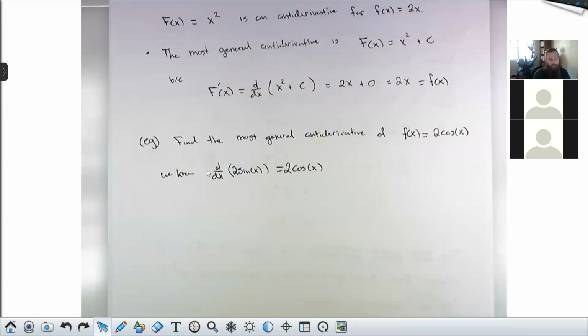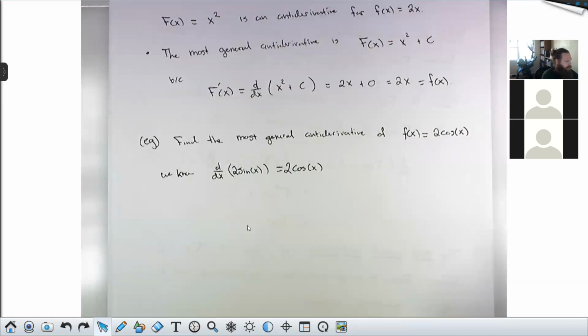It pops out past the derivative. Is that ringing a bell? Yeah, exactly. And then you could also, of course, check if we thought maybe sine squared x was the guy, you could certainly check by differentiating sine squared x, and you would get 2 sine x cos x by the chain rule.